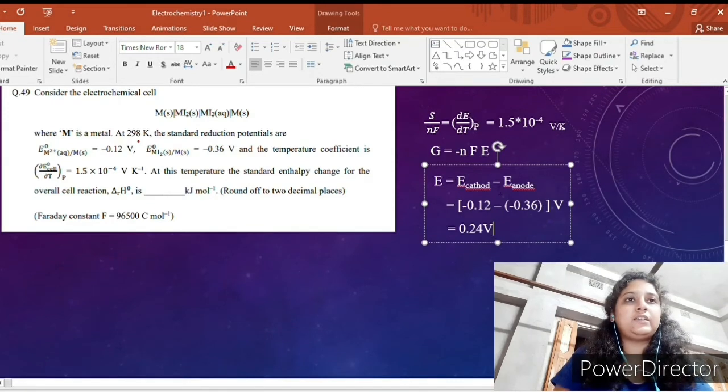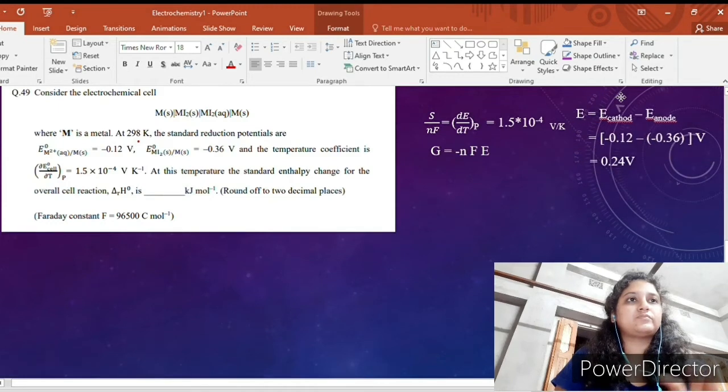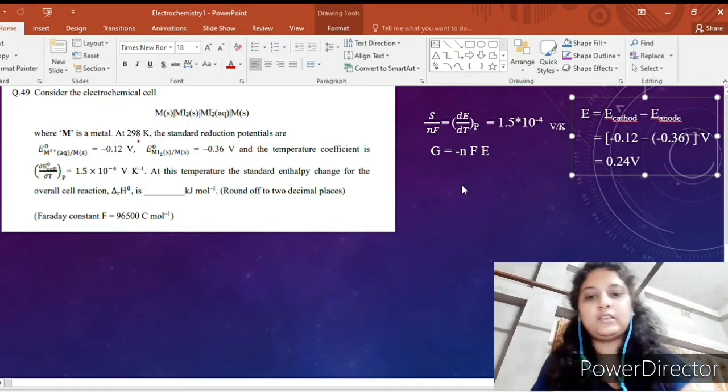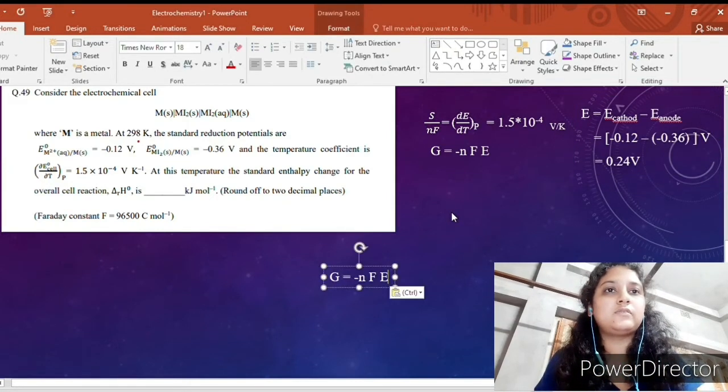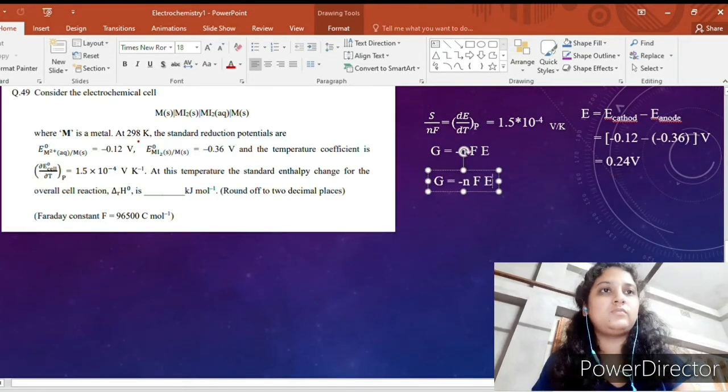Now for that we have to evaluate the value of S from this equation, that is del S is equal to n into F into this value.